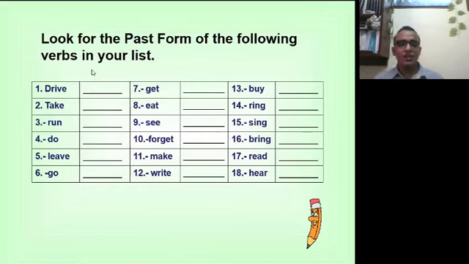Irregular verbs are the verbs that we can't add d, ed, or id to. In the irregular verbs, we have a problem. We have to memorize them because they don't have a specific or fixed rule. Okay?